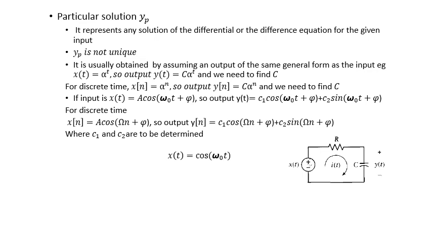So we assume y p of t, p for particular. Because the input is sinusoidal, the output will be c1 cos omega naught t plus c2 sin omega naught t.